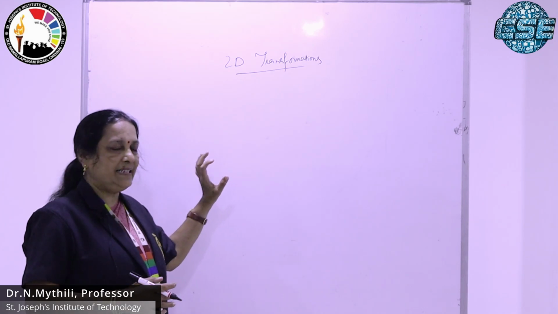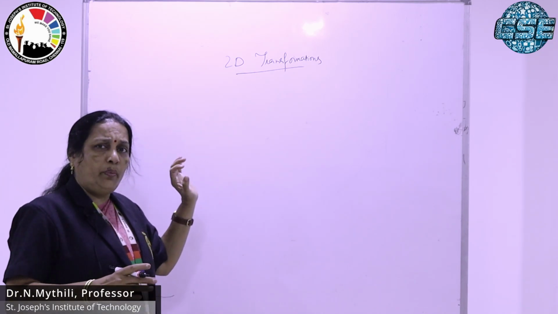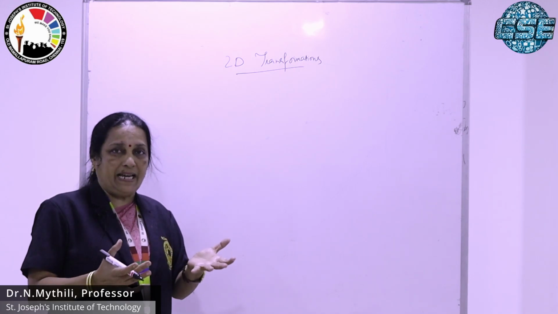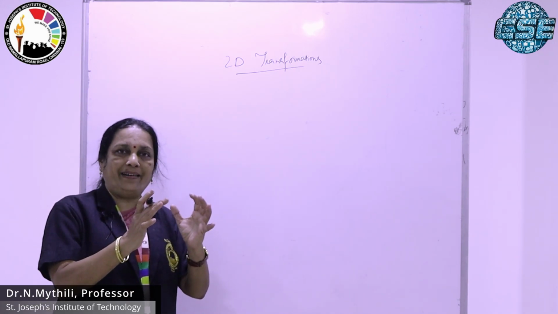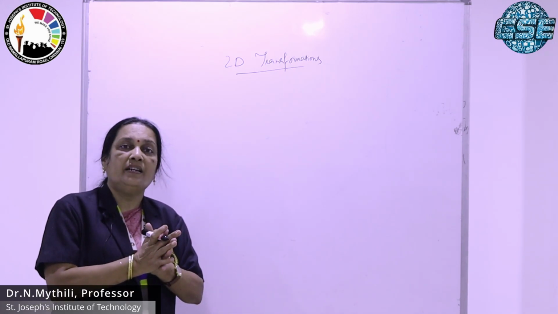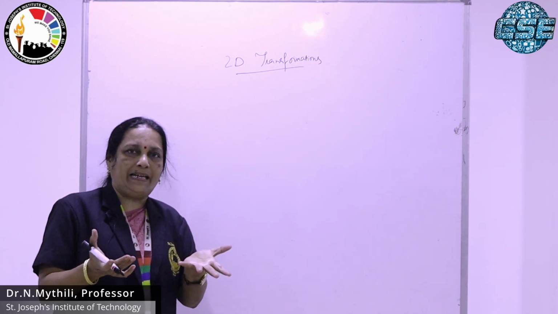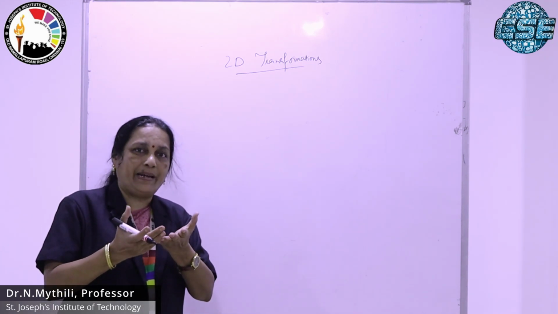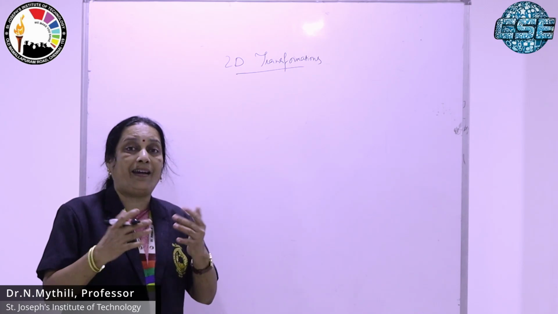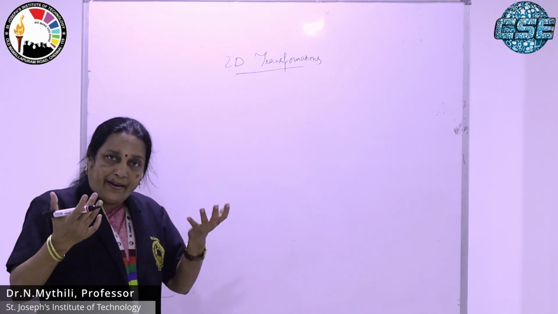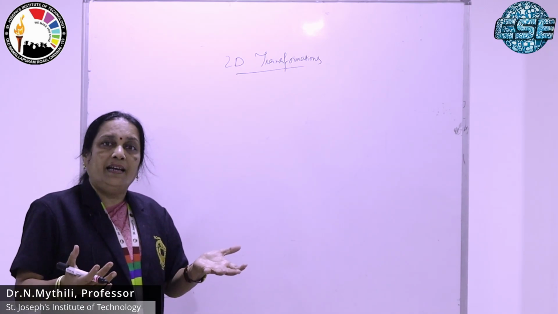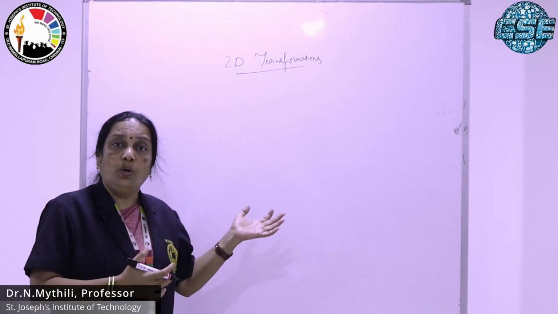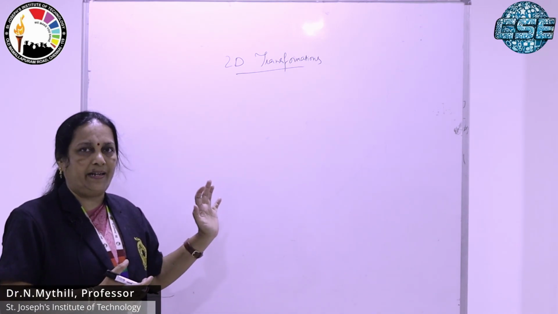So when you want to do any transformation, or any magic, we have an object in our digital monitor, and you can do any kind of magic with the object. You can move the object, you can enlarge the size of the object, you can reduce the size of the object, and you can rotate the object. Whatever magic you want, you can do with the object on your digital monitor.